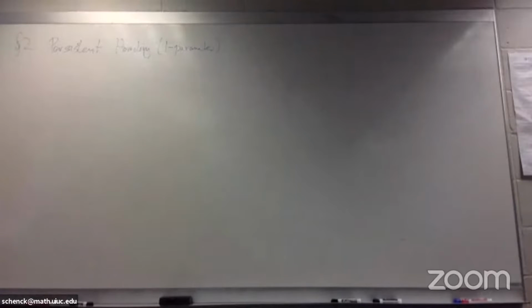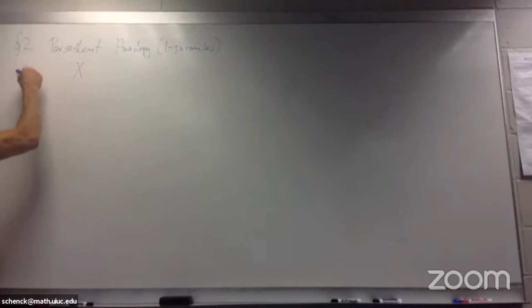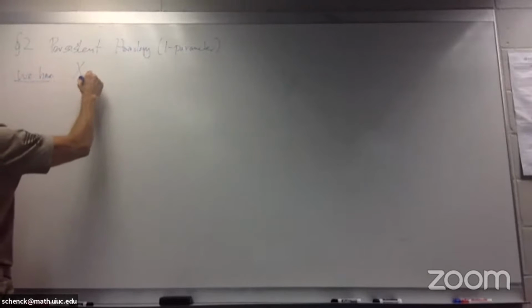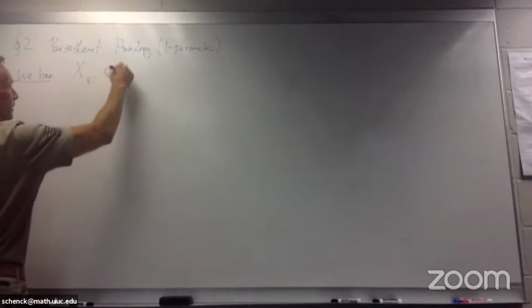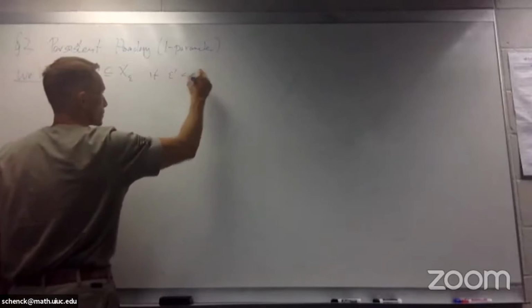So the key point here is we have our filtered topological space, right? So what we have is this filtered topological space, X sub epsilon prime contained in X sub epsilon if epsilon prime is less than epsilon, right?